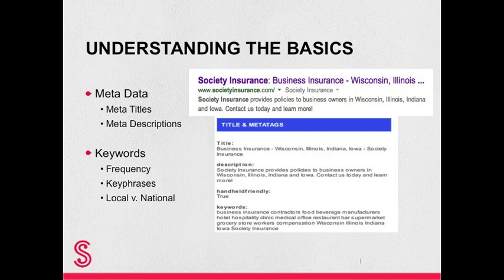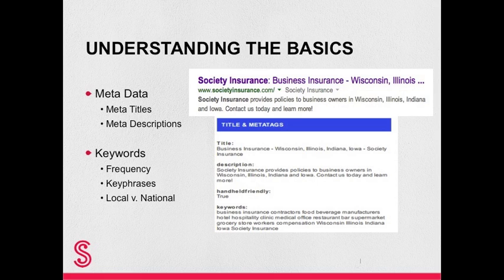The descriptions, also similar to the titles, should match the content on the website. Your descriptions should be approximately 150 to 160 characters and describe what's happening on the page. You'll notice that the meta title and descriptions show up in the snippet preview when you are on Google or Bing or other search engines and the website shows up.